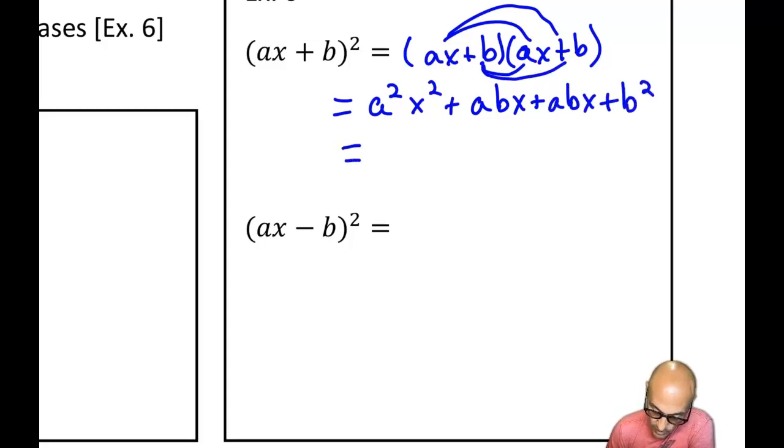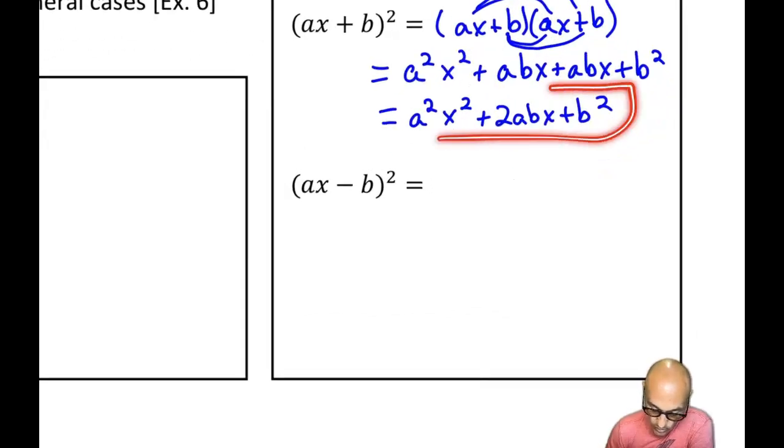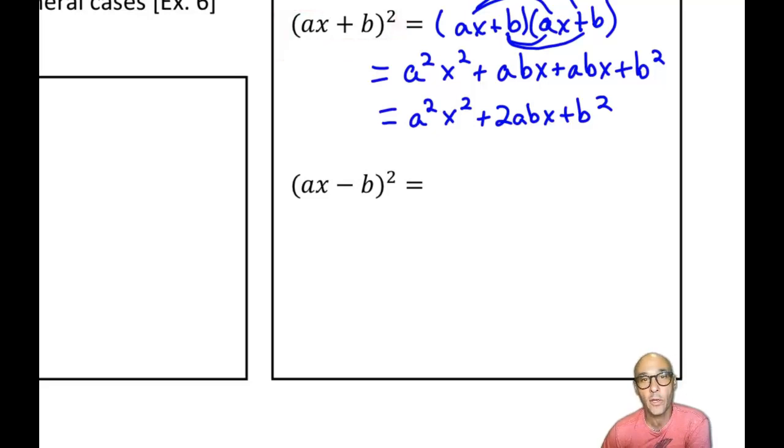Now we can combine these two terms right here. So we get a squared x squared plus 2abx plus b squared. So the perfect square trinomial that results from this binomial squared is like that. And it's a little complex, I'm not going to lie.